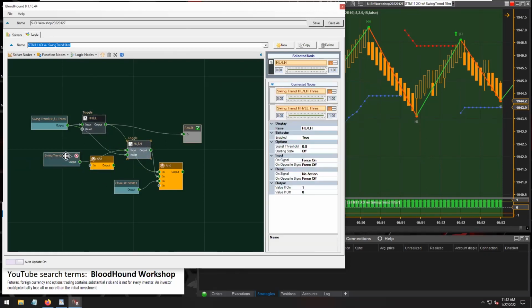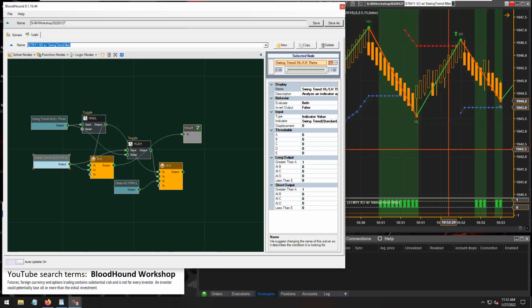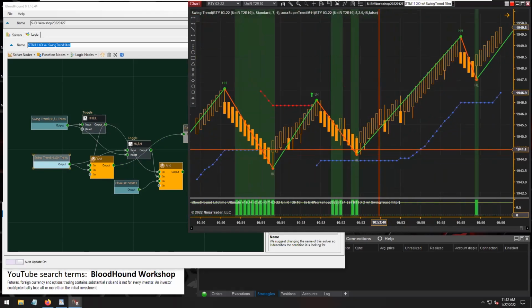It's going to get a little messy here. And take the toggle node into the AND node, and then connect our higher low and lower high solver into it. Let me see if that gives me what I want.